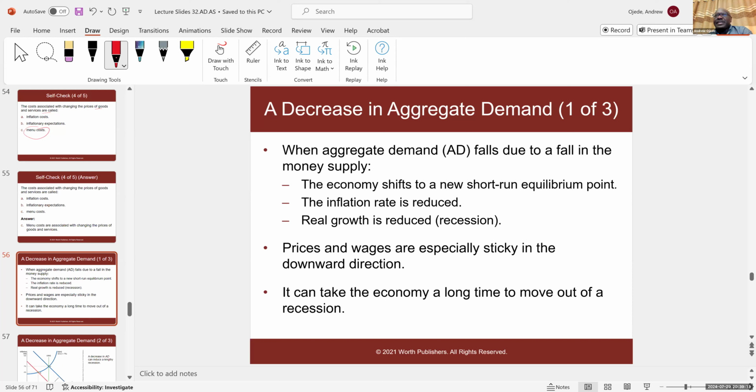When the Federal Reserve slows down the growth rate of money supply, or when the growth rate of velocity of money is decreasing, things like that. Or consumer confidence goes down, business confidence goes down. All those are going to shift the aggregate demand curve to the left. That's going to cause a recessionary gap.